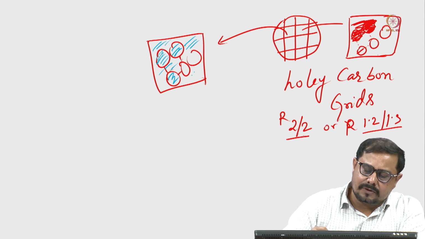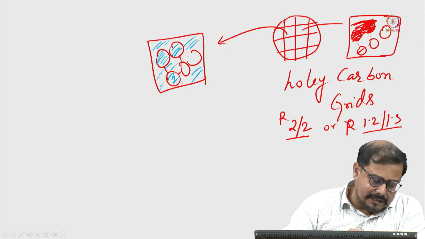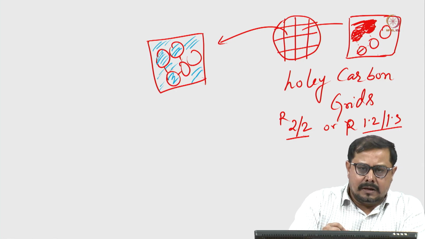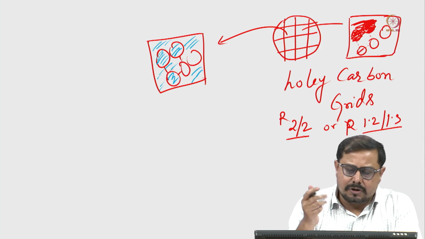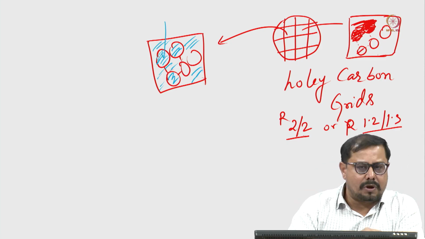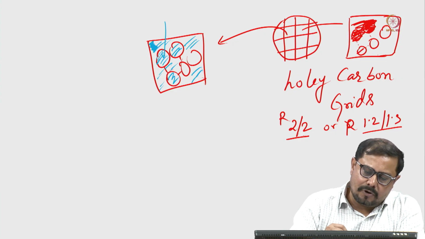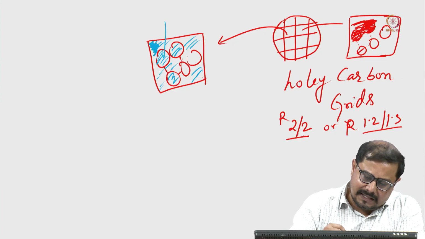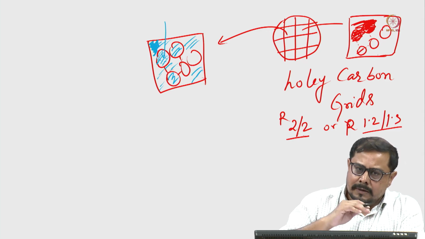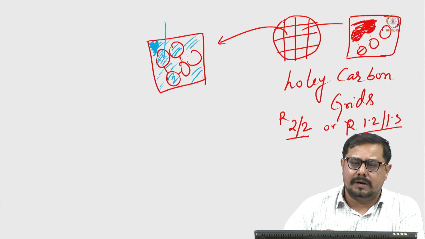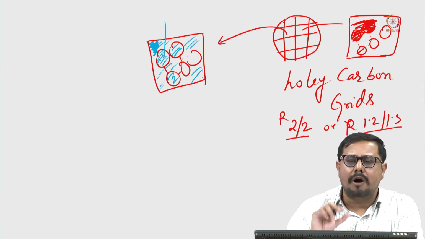The thickness of this carbon layer will be very thin, and some proteins, like ribosome or some kind of bacterial toxin, will attach more when you have a carbon layer. A carbon layer is also there in continuous carbon grids, but that carbon layer is much thicker than this one. The amorphous carbon layer on top of this holey carbon grid is very thin, so it will not give a very strong background.